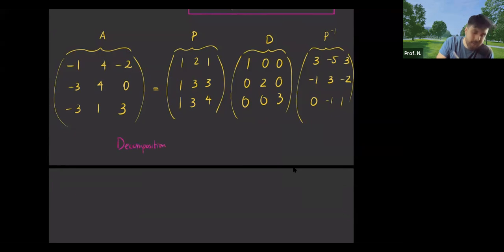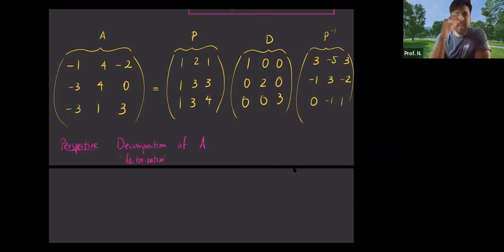So the perspective here is decomposing A. Or you can think of it as factorization, right? But for matrices, they like using the word decomposition instead. But really, it's like saying factorization. But in matrix world, we treat it as decomposition.